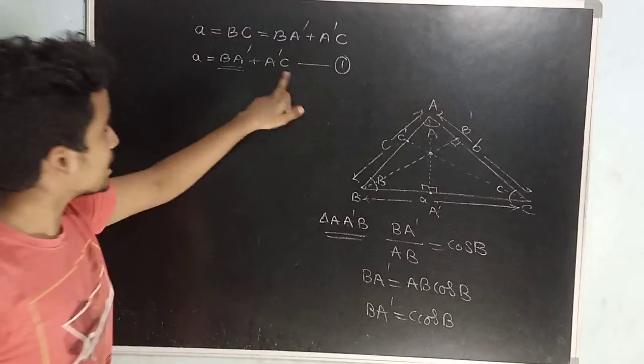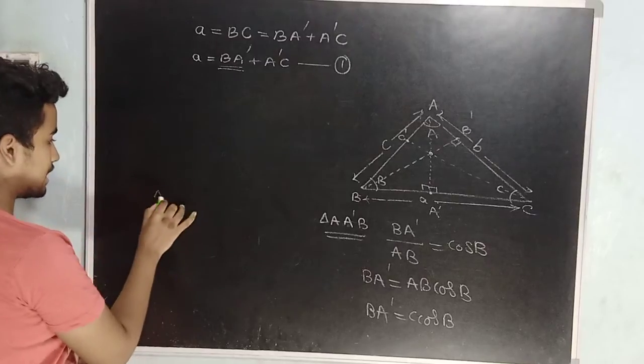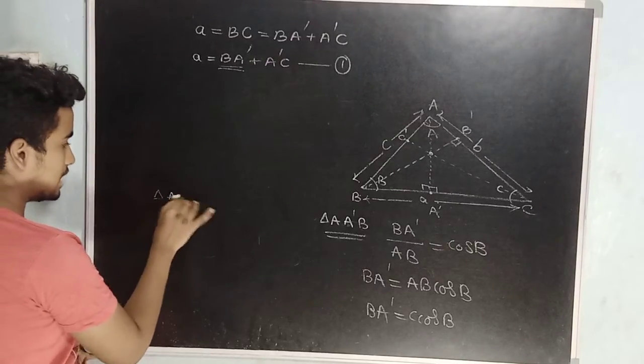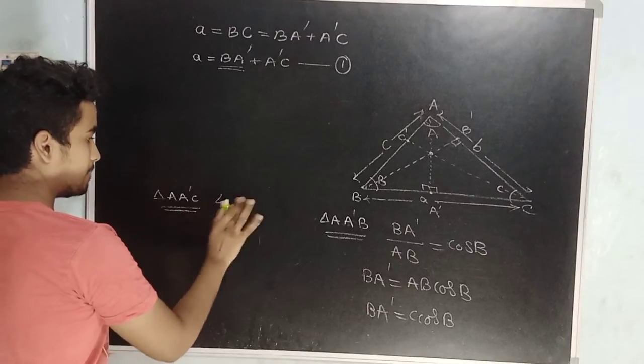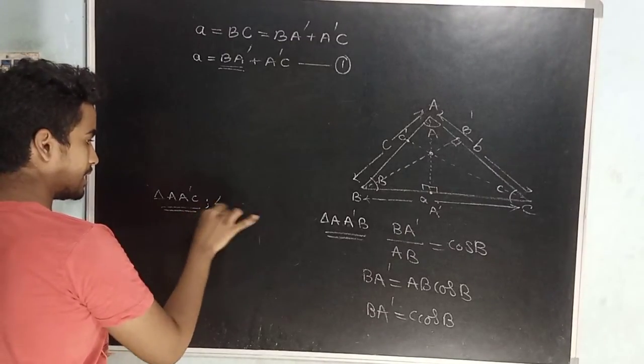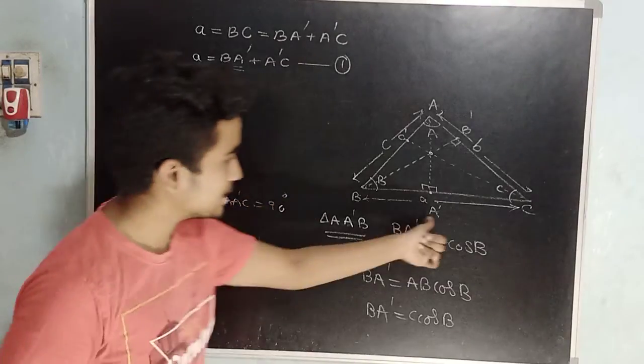So let's see about A dash C. Let me consider triangle AA dash C, such that angle AA dash C is equal to 90 degrees, right angle at A dash.